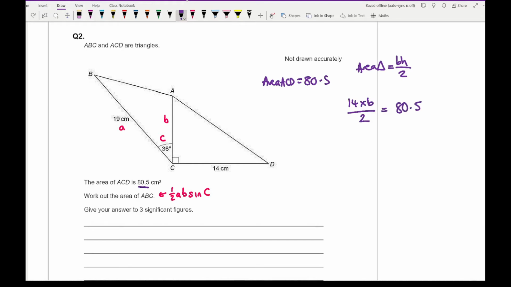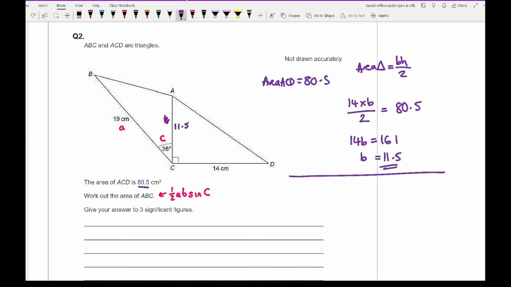Try not to get too confused about B representing the base. In this part our height is B, so just be wary of the letters that you're using, but it shouldn't really make a difference. So here I've got 14B equals 161, so therefore B is going to equal 11.5. So this length here is 11.5.